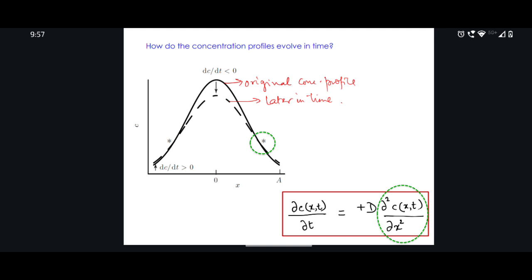So for a profile like this, in some places you will have a decrease in concentration, in some places you will have an increase in concentration. Does that make sense? It will depend on the local curvature of the concentration profile. The local curvature of the concentration profile is determining whether your local concentration will go up or go down. It's a very non-uniform profile, right?